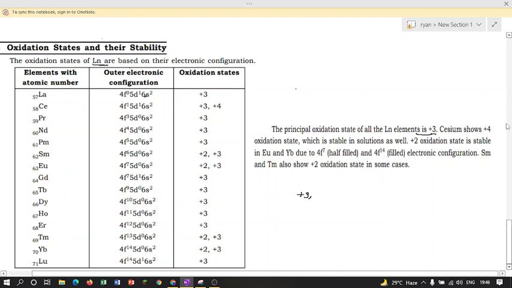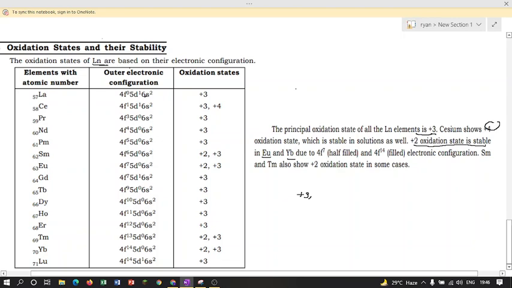Cerium shows the +4 oxidation state, which is stable in solution as well. The +2 oxidation state is stable in Eu and Yb, europium and ytterbium, due to the 4f7 half-filled and 4f14 completely filled electronic configuration.